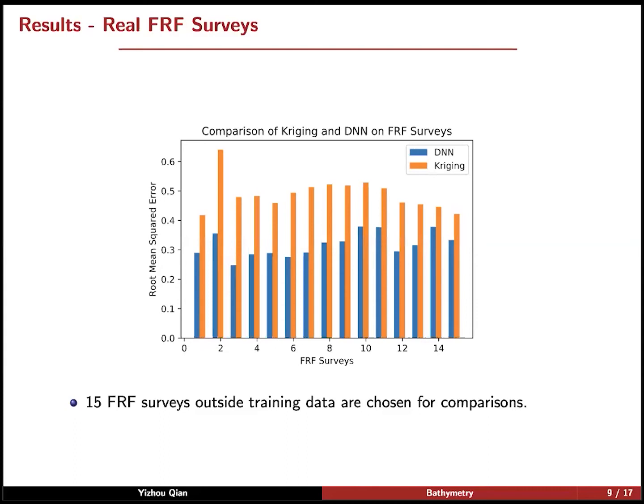This is a comparison of the overall 15 FRF surveys outside the training samples. We can see here that the deep neural network has a consistently lower prediction error than Kriging.